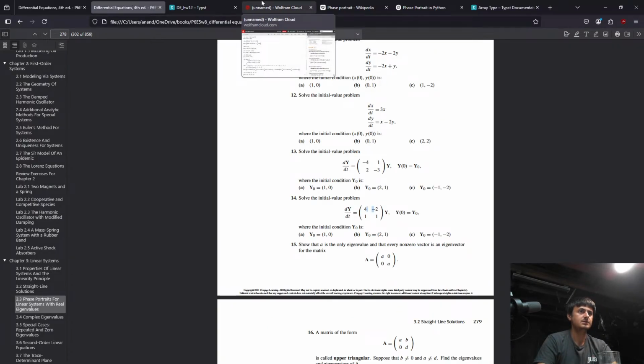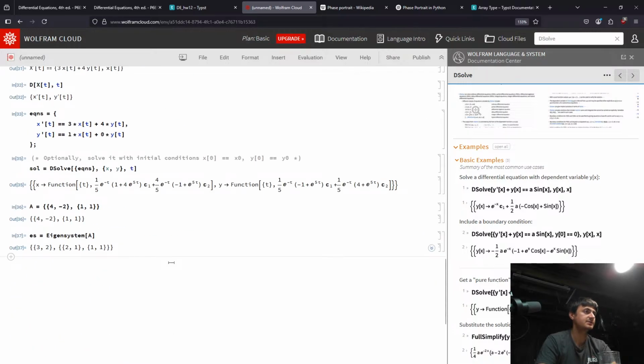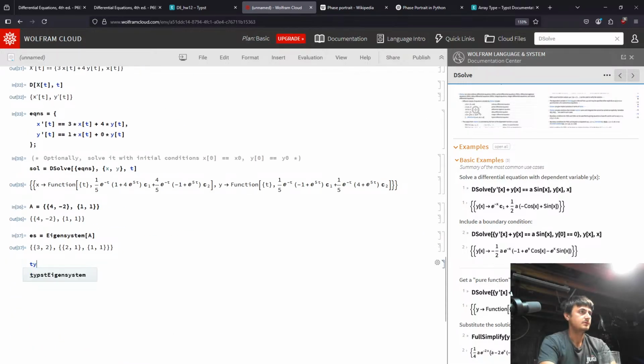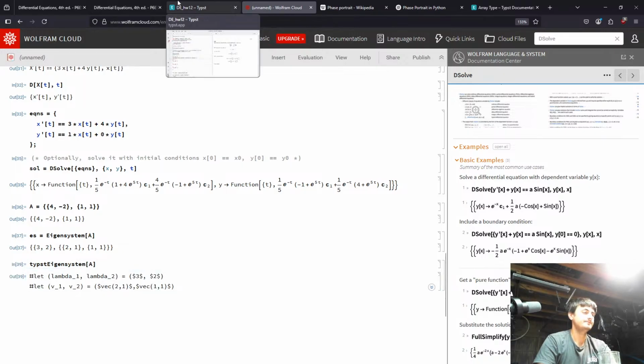Now we just need to do ES is equal to eigensystem of A. Okay, and now, what is this function that I wrote? Typst eigensystem of E's? Oh wait, that's not what I wanted. Yeah, I want this to be of A. And this gives me this.